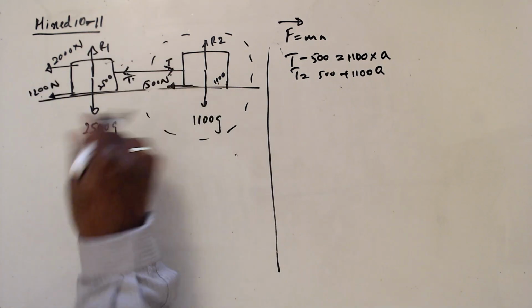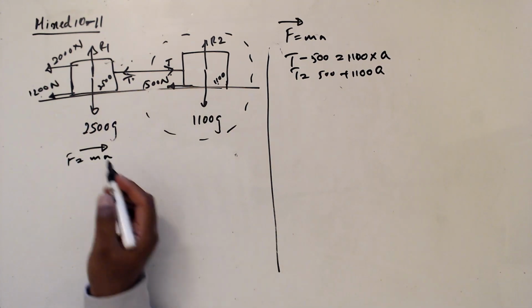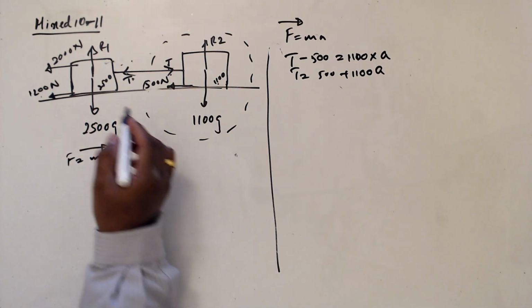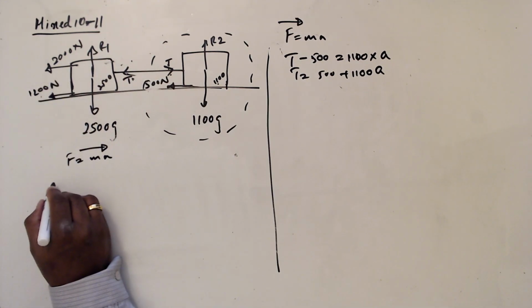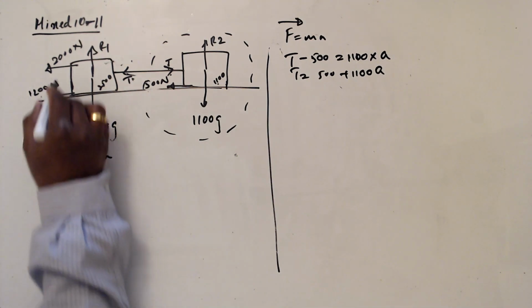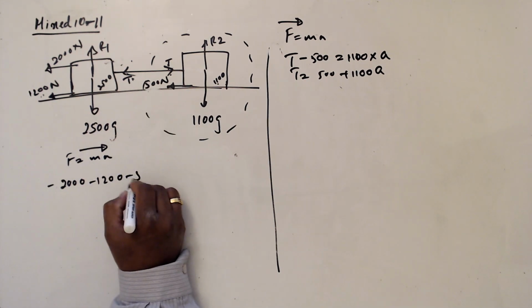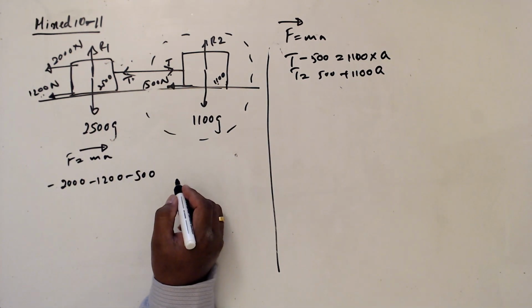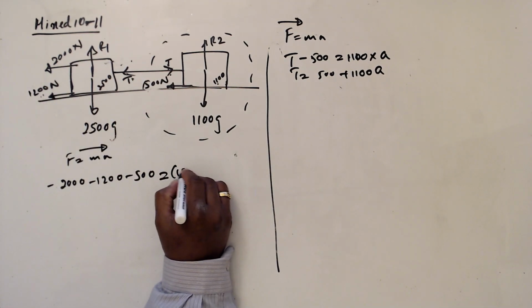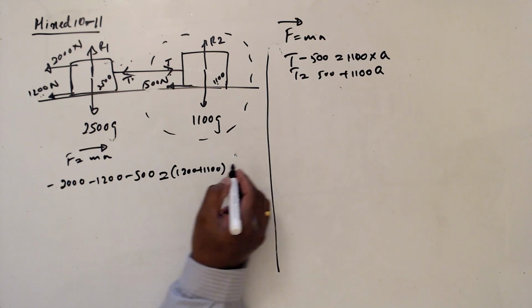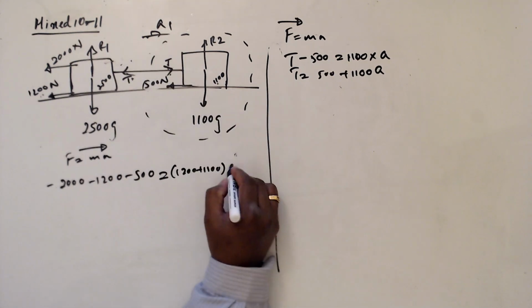So we'll consider the whole system, F equals ma in this direction. We have no other forces in this direction. This is minus 2000, this is minus 1200 and this is minus 500, and m, so that is 2500 plus 1100 times the deceleration, which I will take as a1.